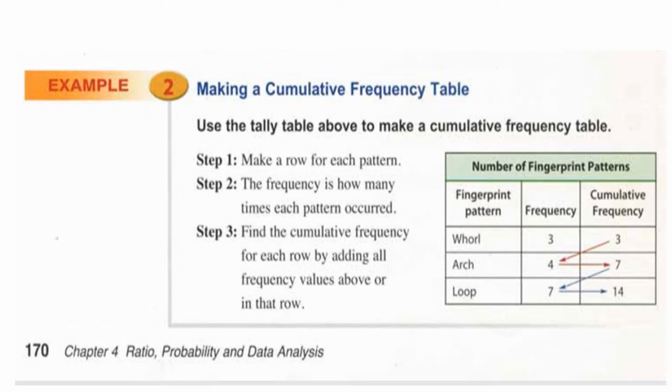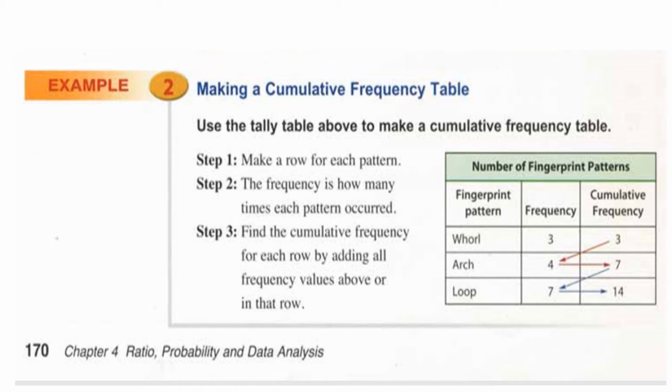Example 2. Making a cumulative frequency table. Use the tally table above to make a cumulative frequency table. You have 3 steps. Step 1. Make a row for each pattern.